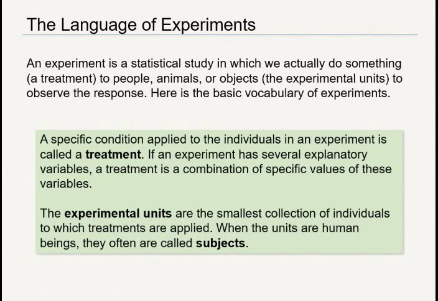If you're doing your experiment on light bulbs, and you're doing it by the box of light bulbs, well then the experimental unit would be the box of light bulbs. In my pre-AP Algebra 2 story, my units are by class, so each class would be an experimental unit. Sometimes when they are individual people, the individual people then that are receiving the experiment are called subjects.